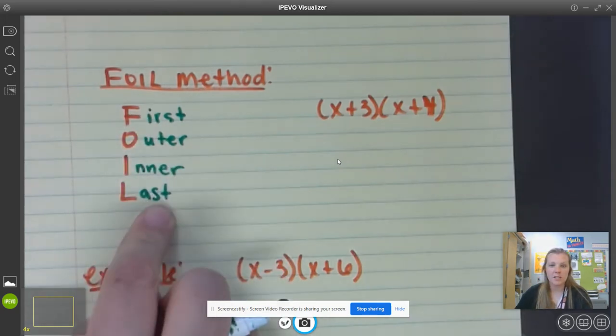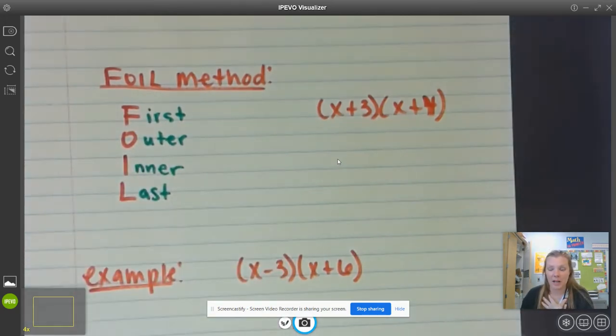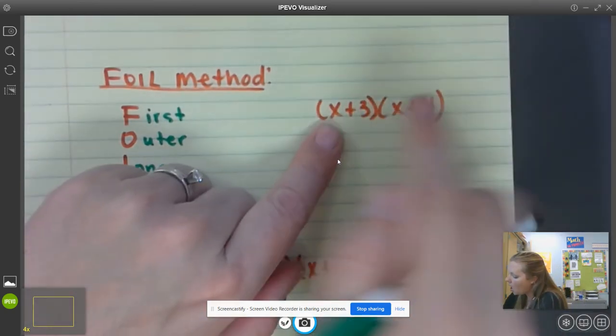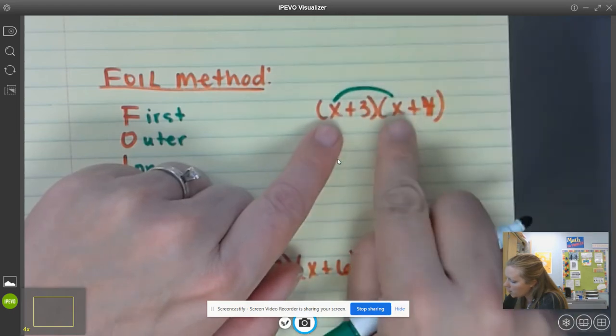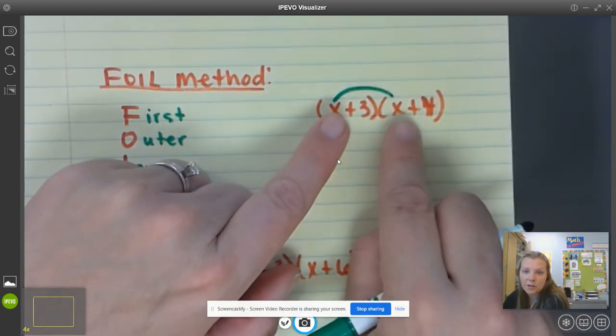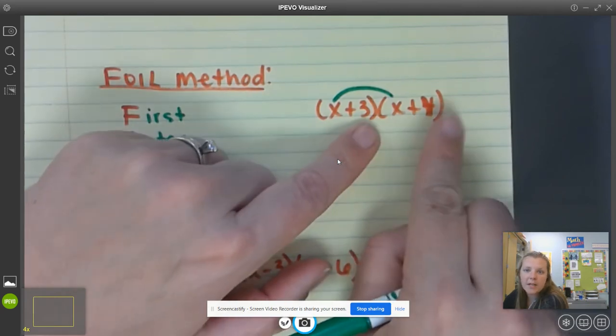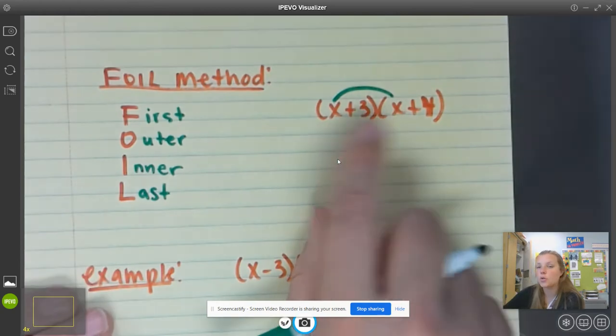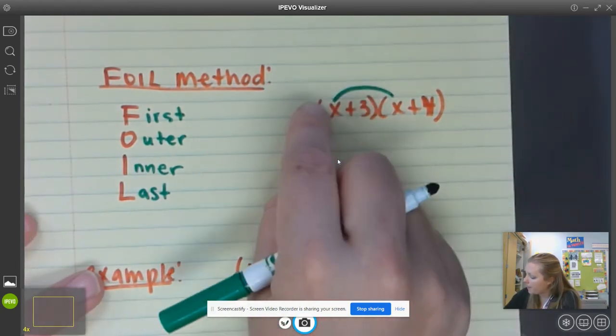I always do it in this order, and this is the method that I learned when I was in school. And I love rainbows, so I'm going to do some connecting here. So my first numbers are the first two numbers inside of each group. So the x and the x are the first numbers. The 3 and the 4 are the last numbers in the group. So it's looking at each group, and then we multiply those.